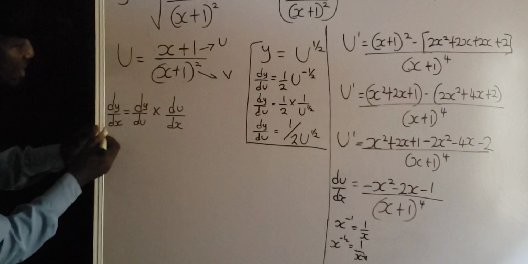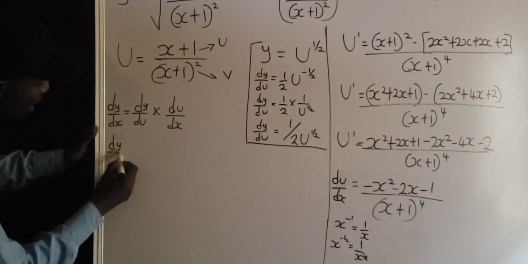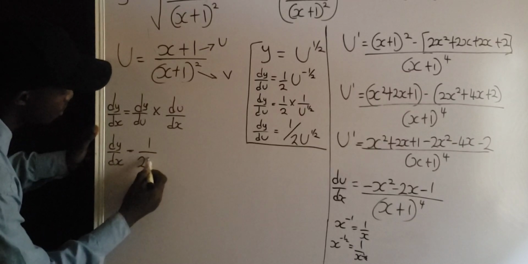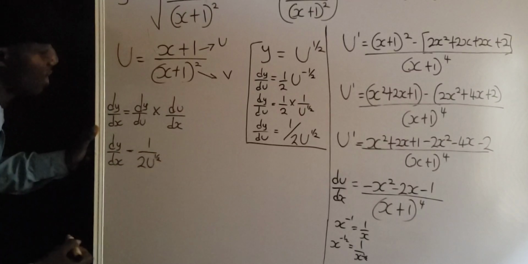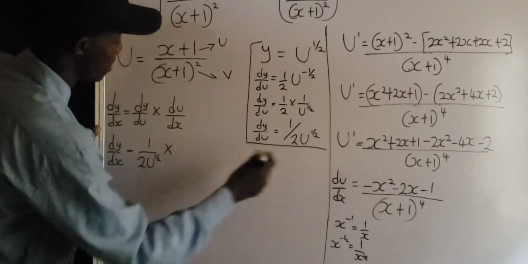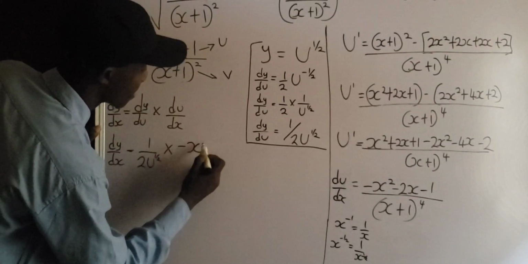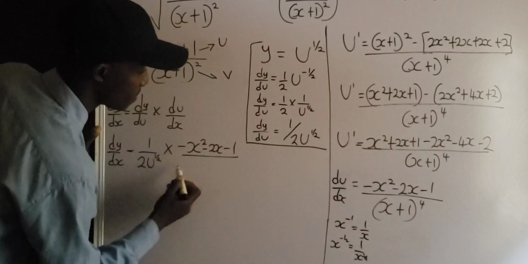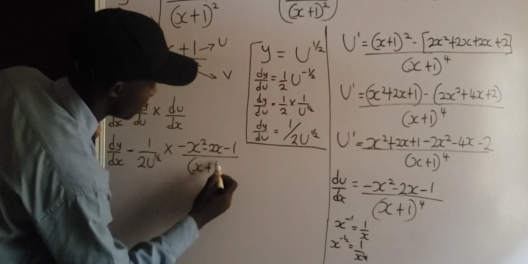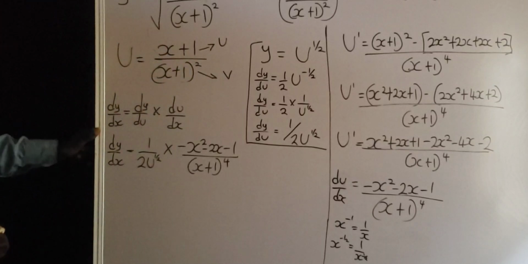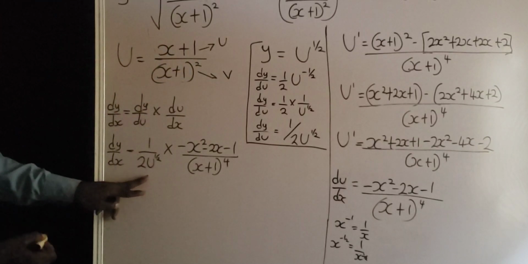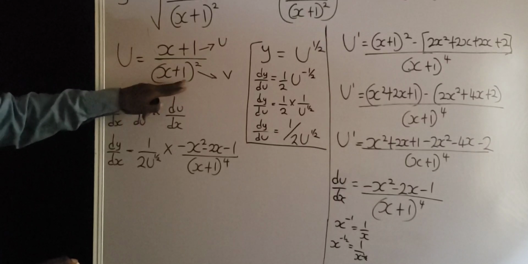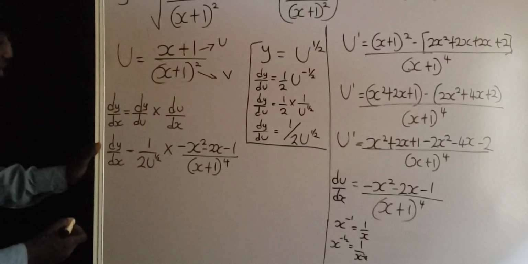Now, let us substitute this into the chain rule formula. I'm going to have dy over dx is equal to dy over du, which is 1 over 2 u raised to the power of 1 over 2, multiplied by du over dx, which is minus x squared minus 2x minus 1 all over x plus 1 raised to the power of 4. Don't forget that u is x plus 1 all over x plus 1 raised to the power of 2.